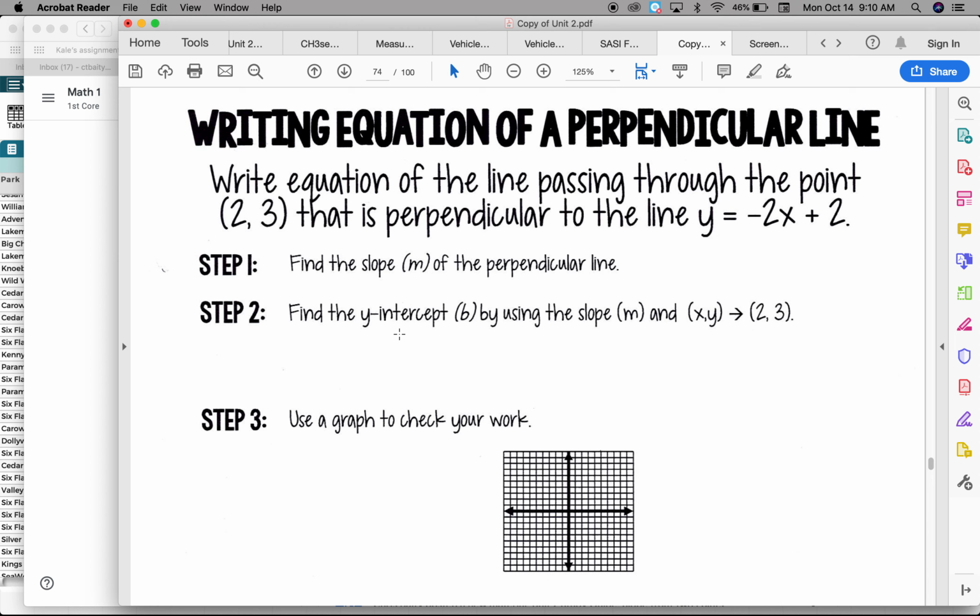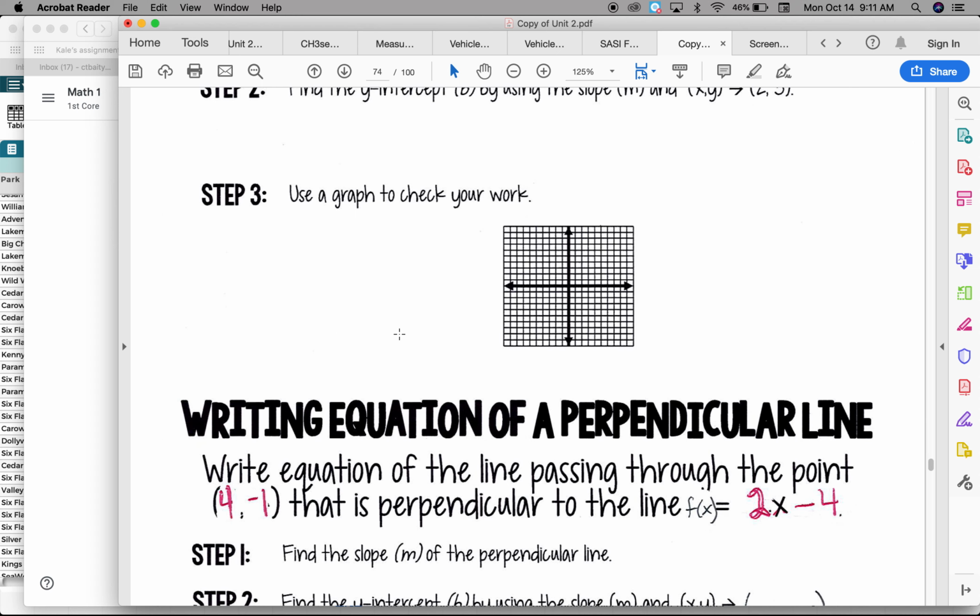And again, make sure you got that correct, because I changed that. 3 equals 1/2 times 2 plus b. So 1/2 times 2 is just 1. So 3 equals 1 plus b. And then if I subtract 1 from both sides, that's going to be 2 equals b. So my new equation is y equals 1/2 x plus 2.